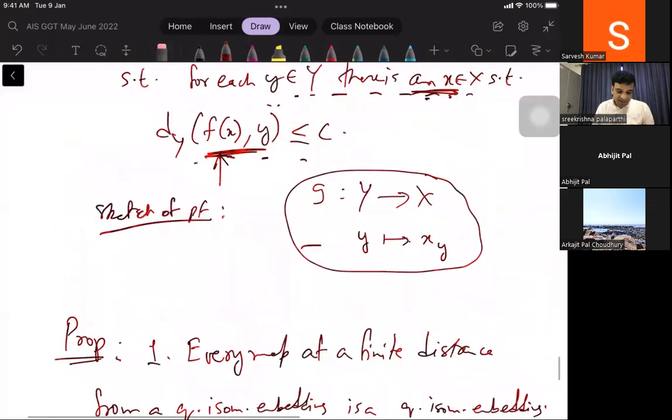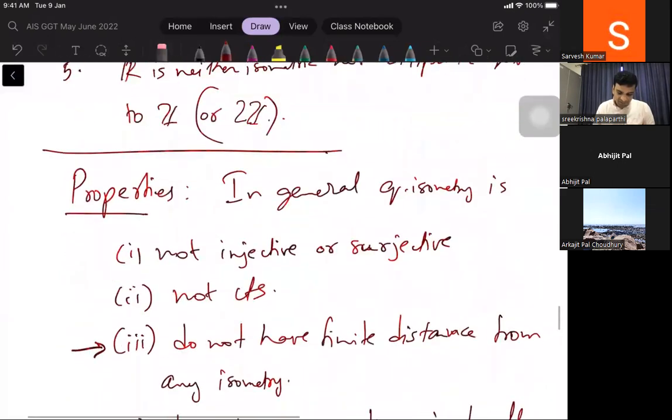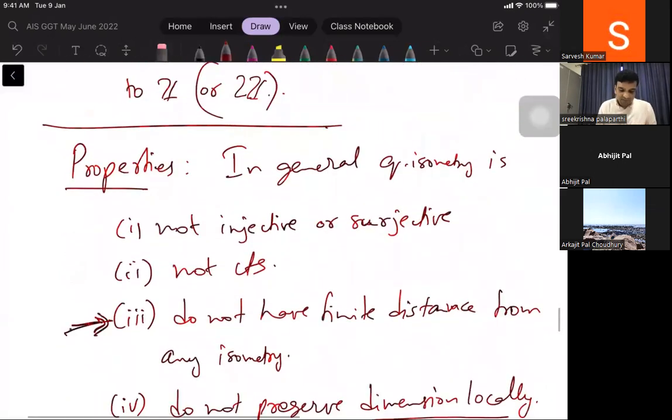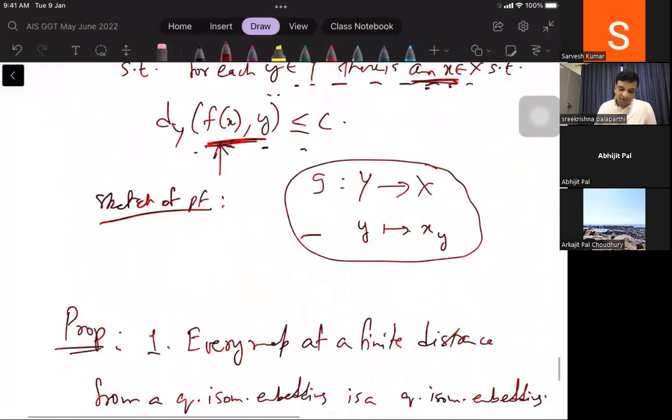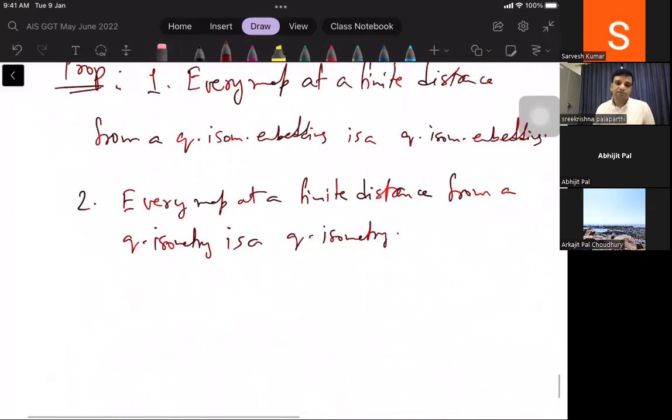Unlike the earlier thing that I wrote, it's not at a finite distance from an isometry, but within finite distances, you'll find other quasi-isometries. That is to be expected. You'll only need to adjust the constant b. And then the following composition properties are nice.